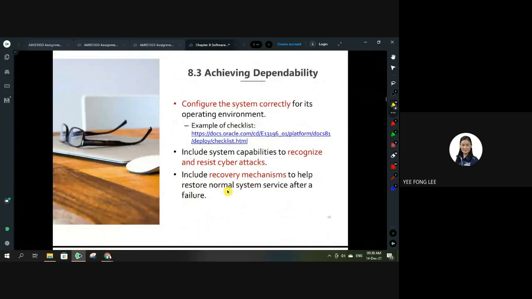We look at the next slide here. An example checklist: please check through the document listed here. There's a link there. Configure the system correctly for the operating environment. This might include system capabilities to recognize a cyber attack and also recovery mechanisms when required.